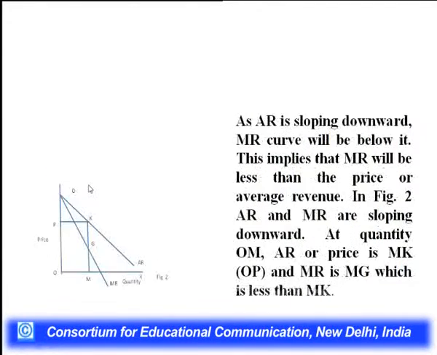So the demand curve is downward sloping. And in figure 2, we have shown how the AR and MR are falling and MR is less than AR. If OM output is produced and sold in the market, at this price MK is the AR while MR is MG. So this shows that price is greater than the marginal revenue.